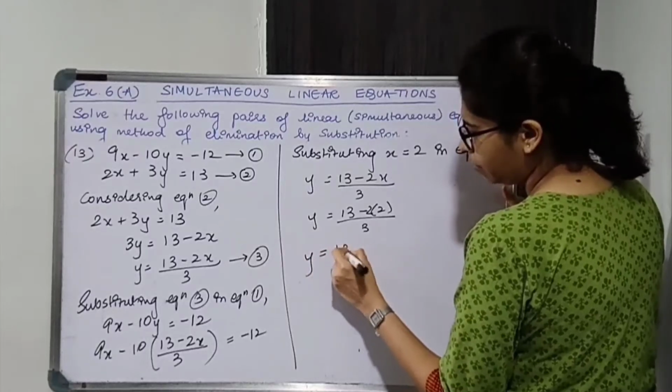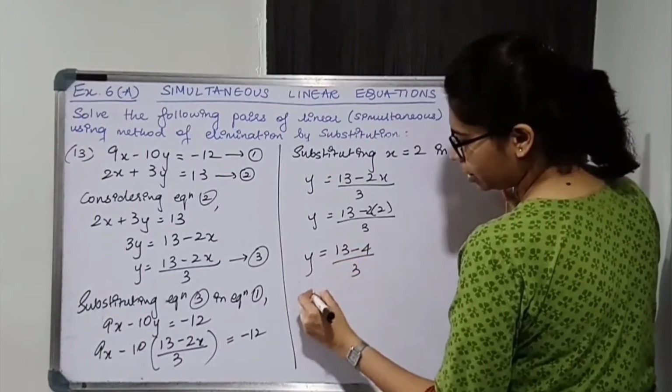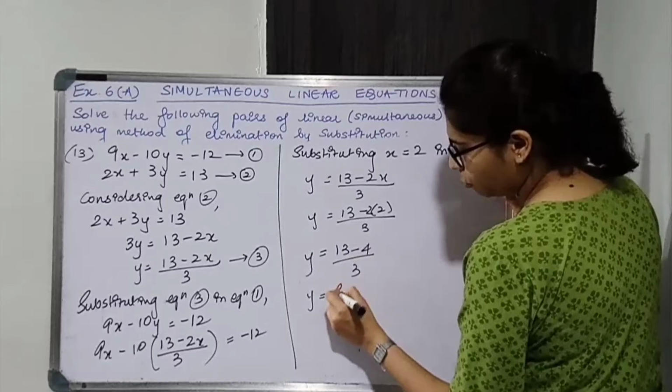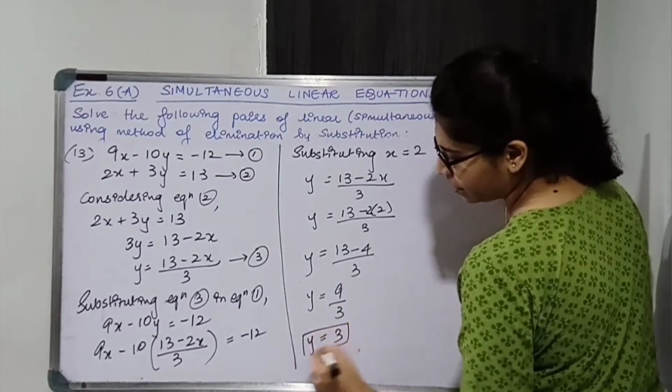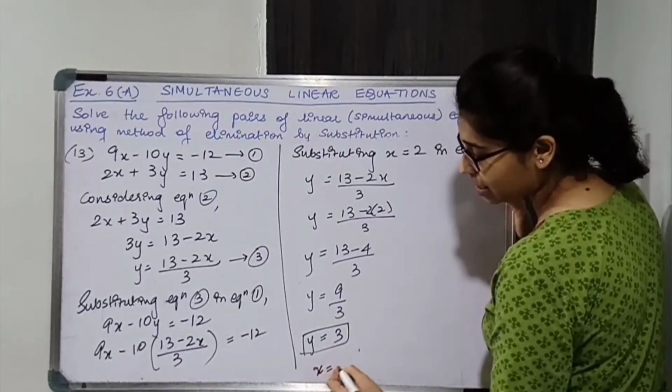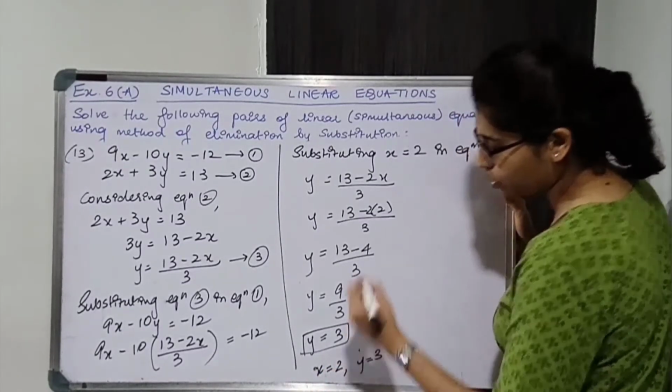So it is 13 minus 2 2s are 4 upon 3. This will give you 9 and this is 3. So the final answer is x is equal to 2 and y is equal to 3.